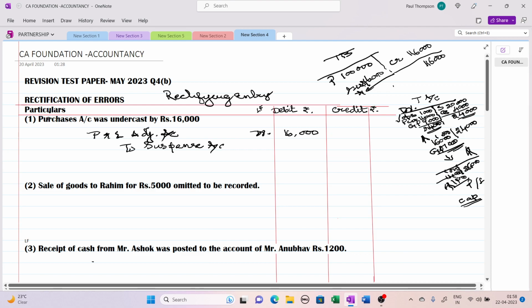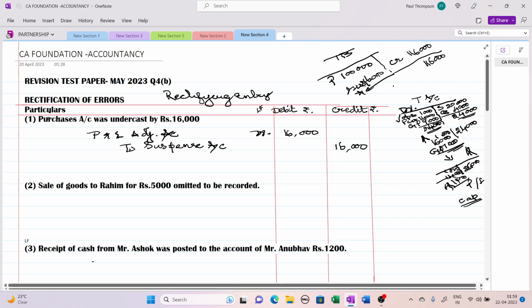Now you have to write the narration, which is very simple. What I wrote at the top: purchases account undercast by 16,000 in the previous year, now being rectified. You have to add only the one word, now being rectified.